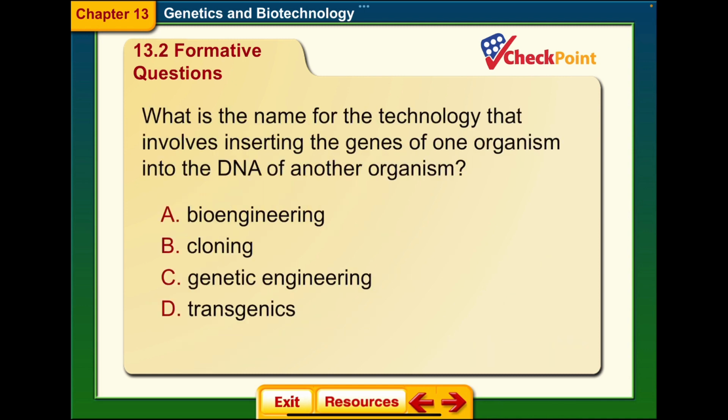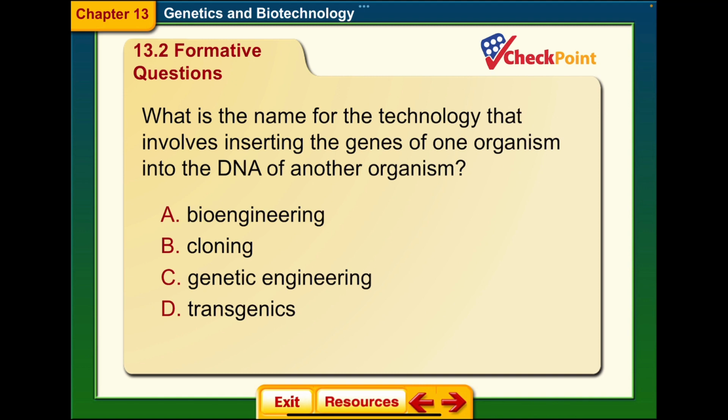What is the name for the technology that involves inserting the genes of one organism into the DNA of another organism? Well, we talked about this a couple of minutes ago.